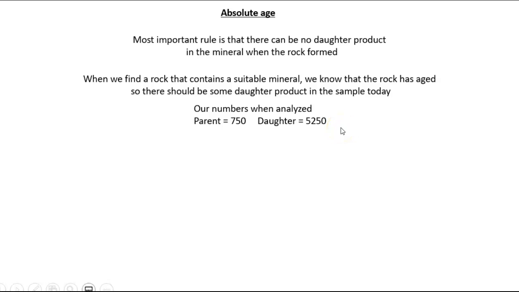I know that when this rock first crystallized, this mineral was in this igneous rock, a lava flow of some kind maybe. When that happened, everything in there had to be parent. There had to be no daughter product in there. So where did these 5,250 daughters come from?